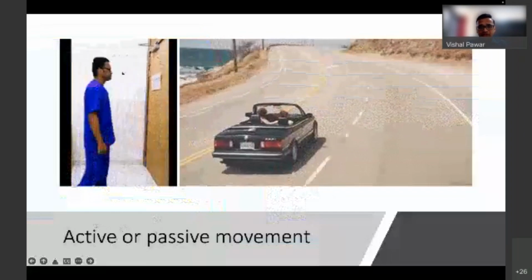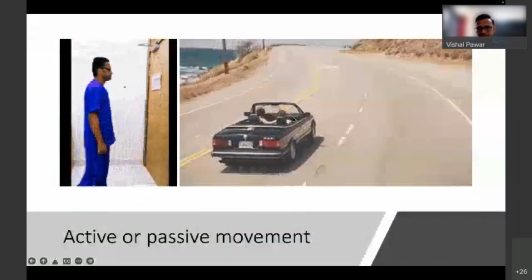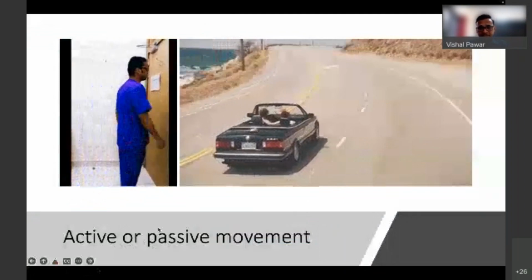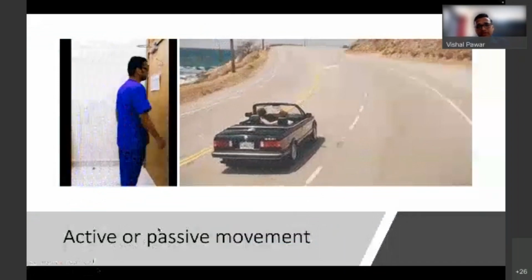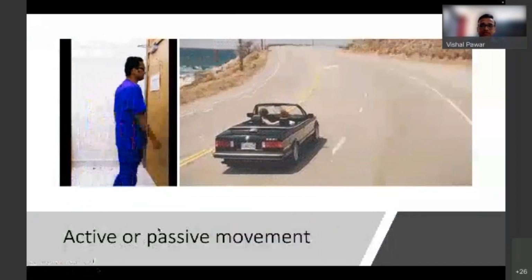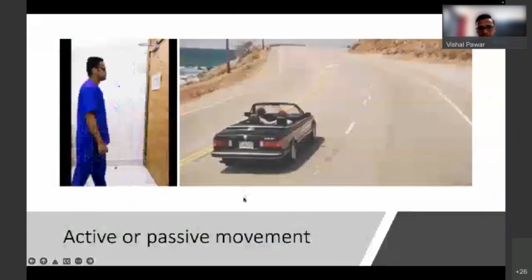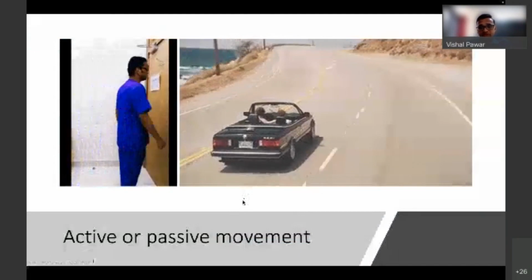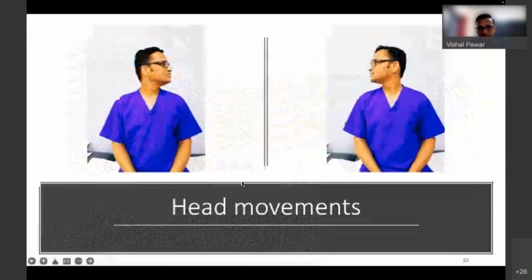And during active movement as well as passive movement, as a driver or as a passenger, there is vestibular activation. It's not that the vestibular system comes into play only during movement. During the steady state also there is a baseline vestibular tone, which is very important so that we don't have a sense of dizziness or any other symptoms.